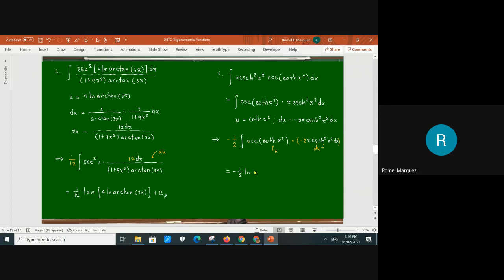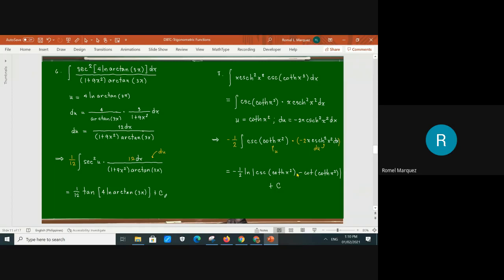So ln of cosecant u, but u is hyperbolic cotangent x squared, then minus cotangent of hyperbolic cotangent x squared, plus c.